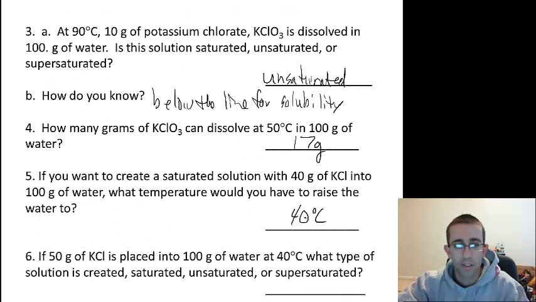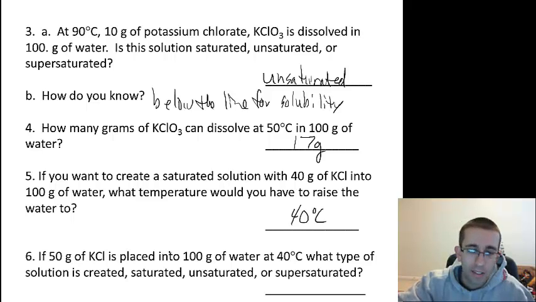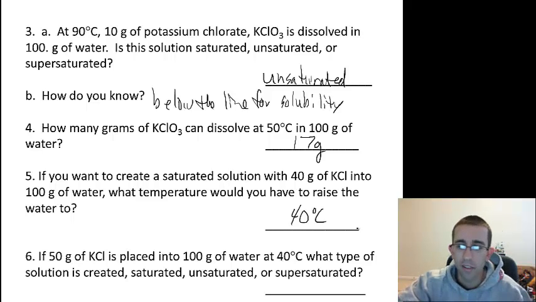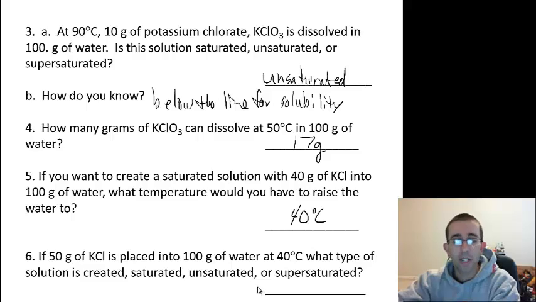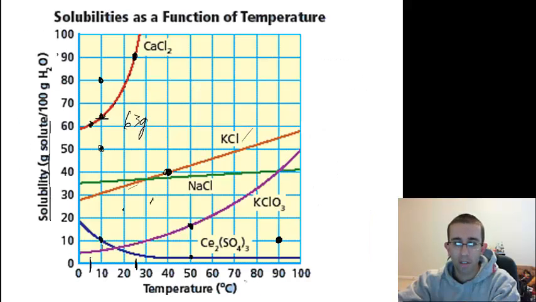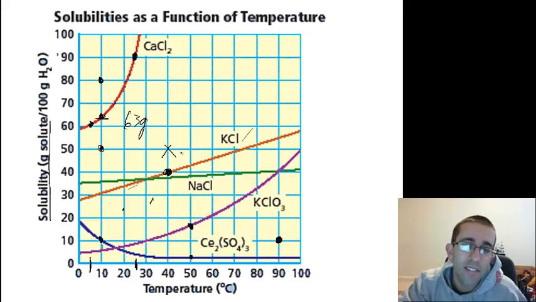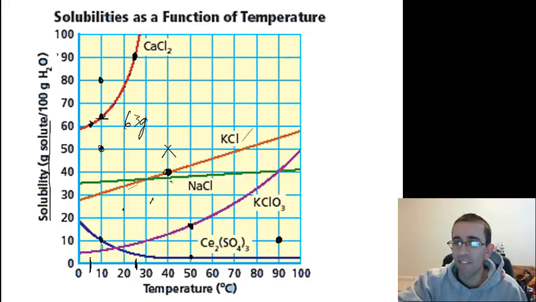40 degrees Celsius. All right, if 50 grams of KCl is placed in 100 grams of water at 40 degrees Celsius, what type of solution is created? All right, I place in 50 grams at 40 degrees Celsius. Now it's above the line, but remember, be careful. I did not say it was all dissolved.